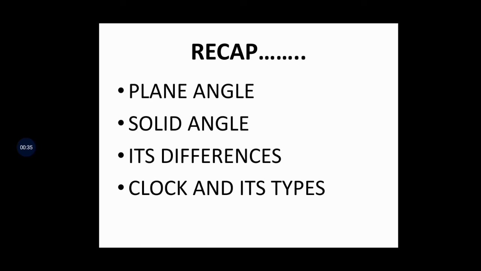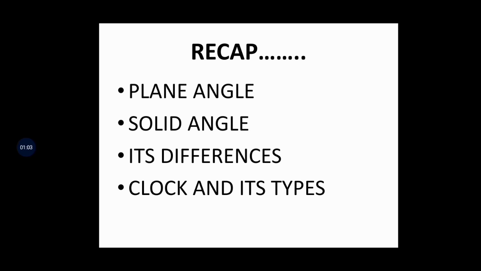So let us have a small recap of today's class. In today's class we have seen plane angle. The angle formed due to the intersection of two lines or planes is called plane angle. Solid angle is the angle formed by the intersection of three or more planes. Plane angle is 2D, two-dimensional.